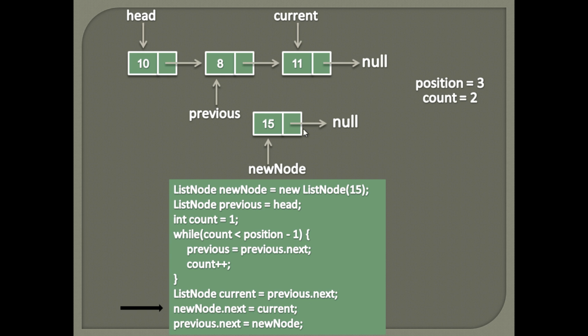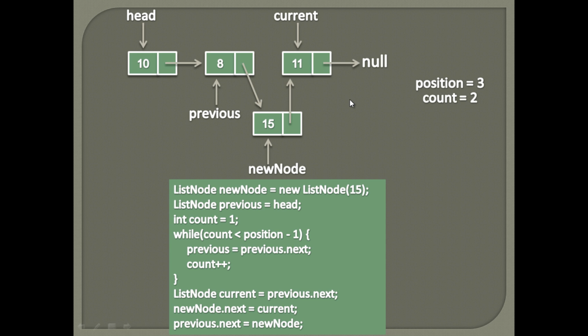Next step will be to update next pointer of new node, to point to current. Final step is to update next pointer of previous, to point to new node. Thus, we successfully inserted new node at position specified.